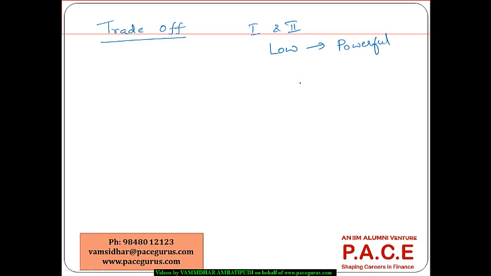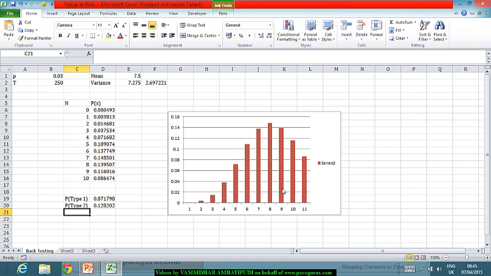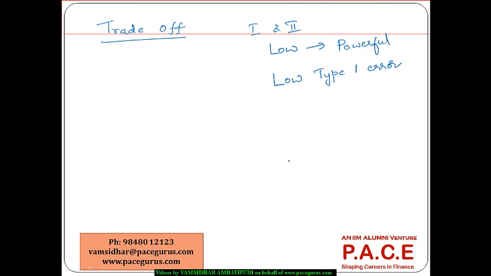So initially, first set a low type 1 error rate, design a model in such a way that the type 1 error is much lesser, and then create a test which will give a very low type 2 error rate. That is when the model along with the test will become more powerful. So this is what typically comes up.